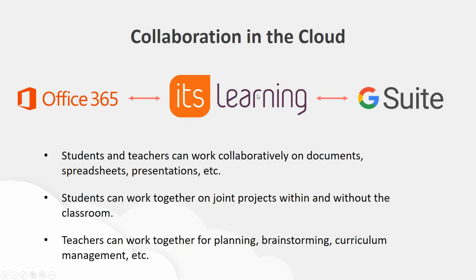So, collaboration in the cloud. This is where itslearning sits and works with either G Suite or Office 365 or both. One of the interesting bits of feedback we got is that we have some customers where schools are deciding themselves whether they're using G Suite or Office. It's completely up to them. So you'll see some screens later on where we've assumed that you want to be able to use both, that you don't want to say I'm a big G Suite user, I'm a big Office user.